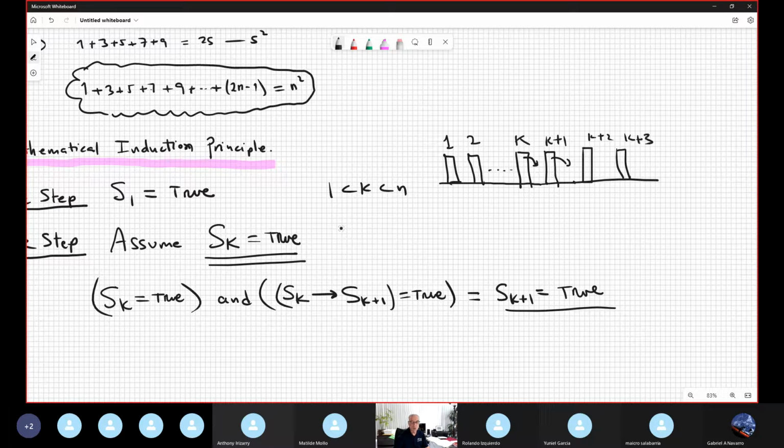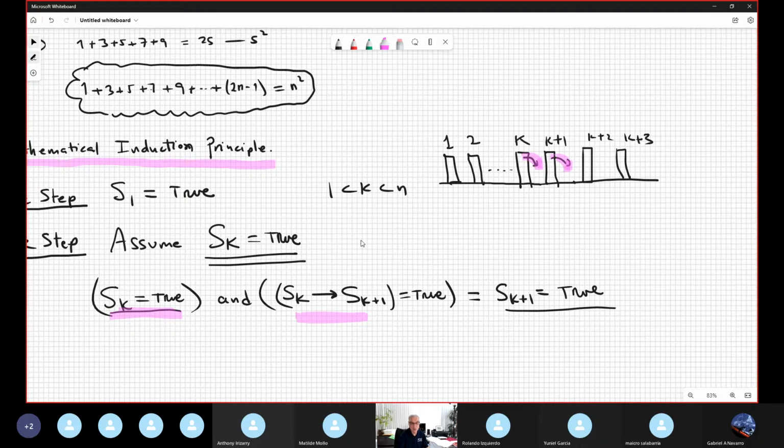So the only thing you need to prove: you assume this, and by some manipulation you prove that this implies that the next is true. To be true is that this falls here, and it falls again. So now you prove it for any k.